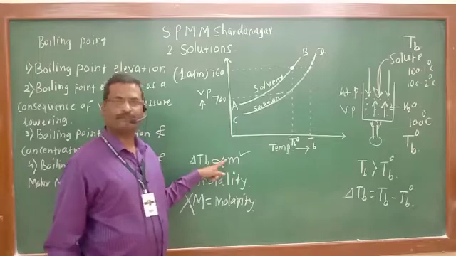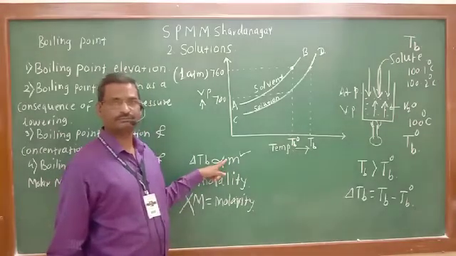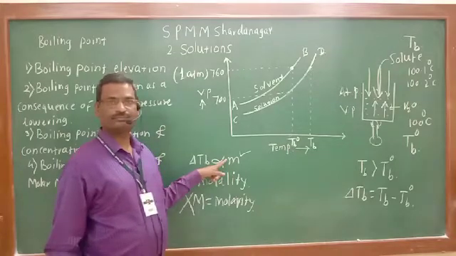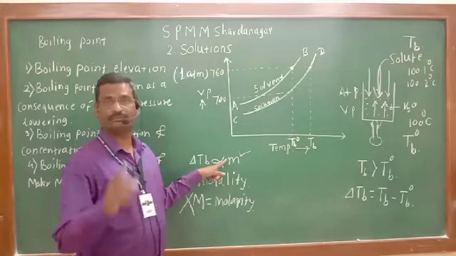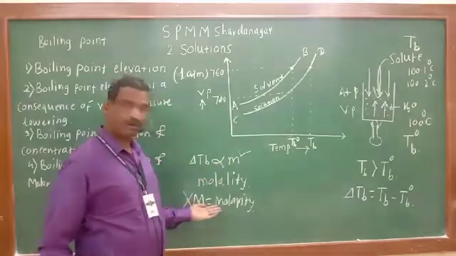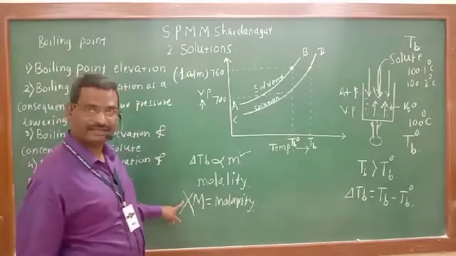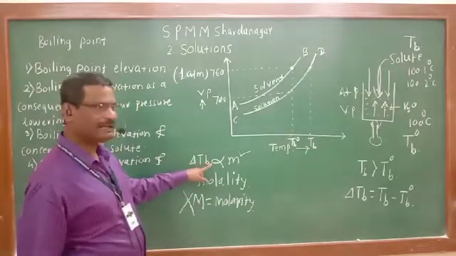Molality is number of moles of solute present per kilogram of solvent. Per kilogram of solvent. Mass is constant. Mass is not changing. But here volume changes. Therefore, we are not using molarity. We are using molality.